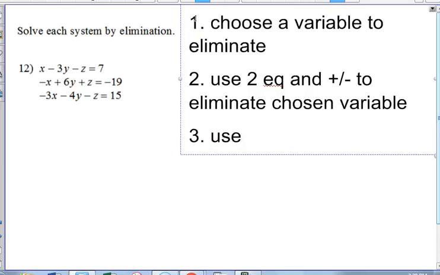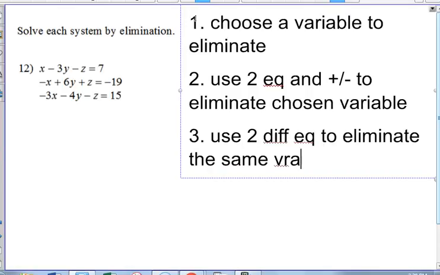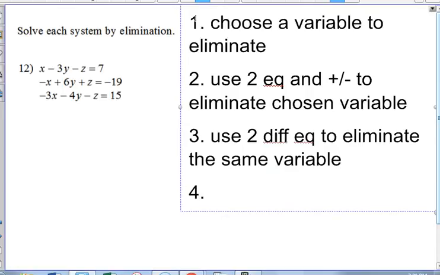Then you're going to use 2 different equations to eliminate the same variable. And then you're going to solve that new system you have with only 2 equations, okay? With 2 variables.